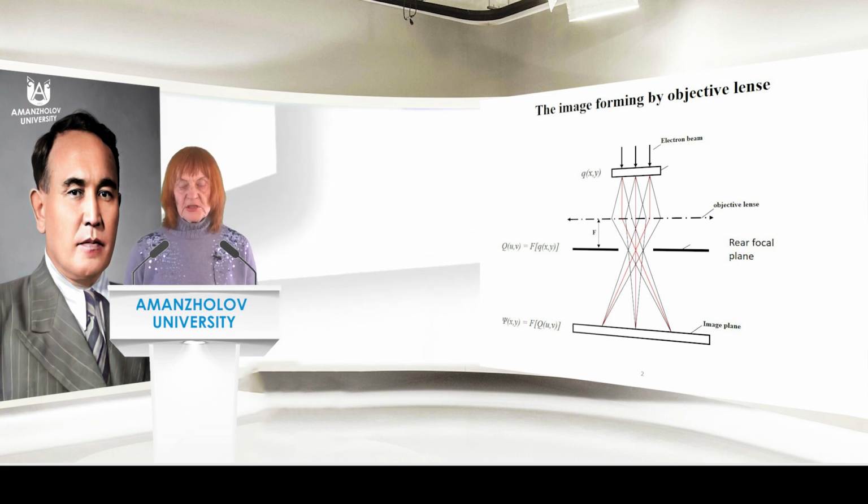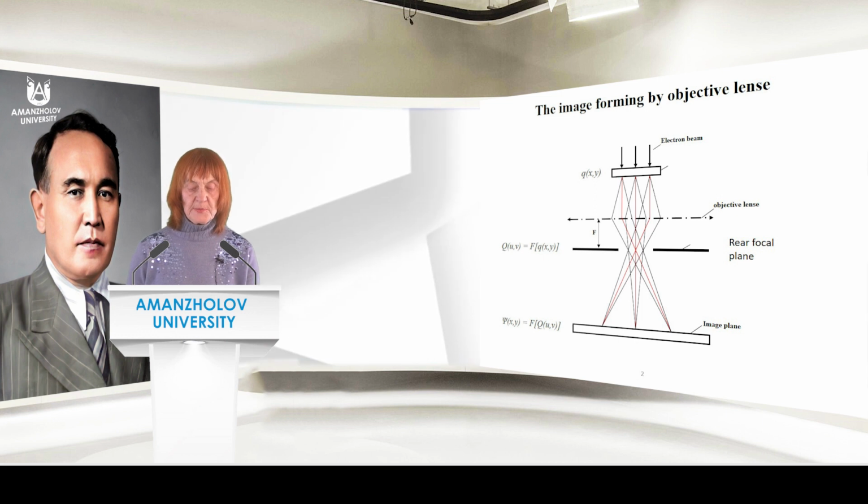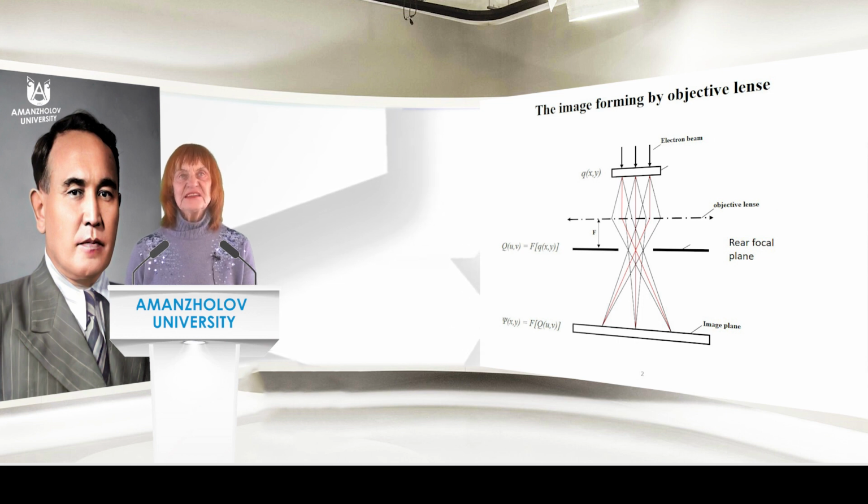Lorentz transmission electron microscopy occupies a special place. The Lorentz microscopy method allows us to obtain direct magnetic domain structure images of thin films and magnetic materials.